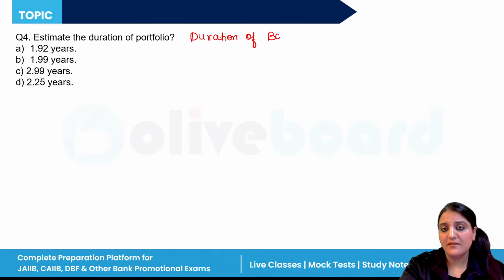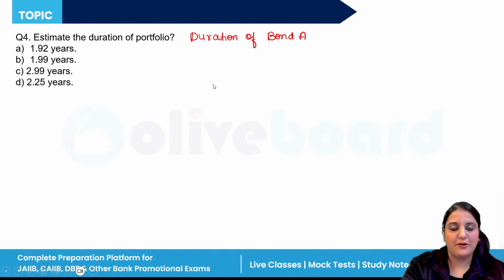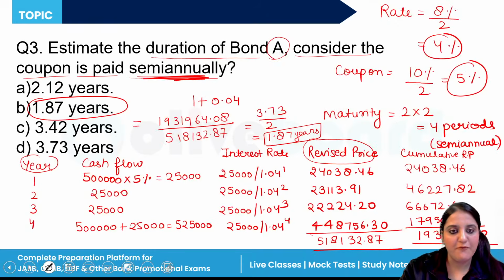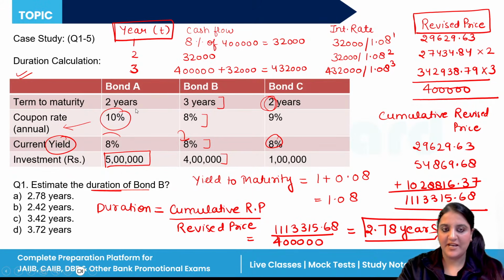Because we can't find with semi-annual coupon. We have to find with annual coupon, right? So calculate first the duration of bond A, and how the duration of bond A you can see here, it is for 2 years maturity. 10% is coupon rate, current yield is 8%, and investment is 5 lakh.